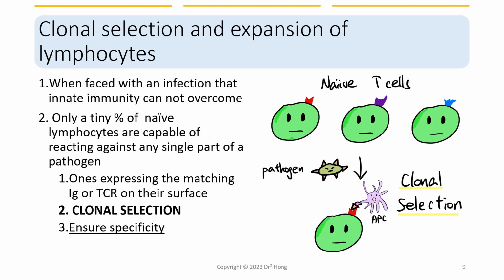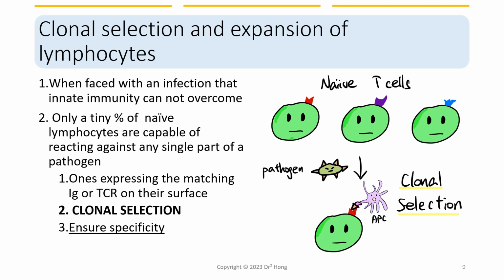All right, so a small number here, I illustrated maybe 1 of 3, probably would be 1 in many thousands in reality. So one of them can recognize a little bit of the pathogen antigen. Now this recognition, even though it's small, will go through a process called clonal selection.